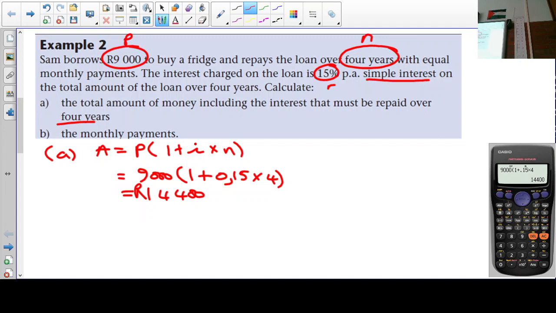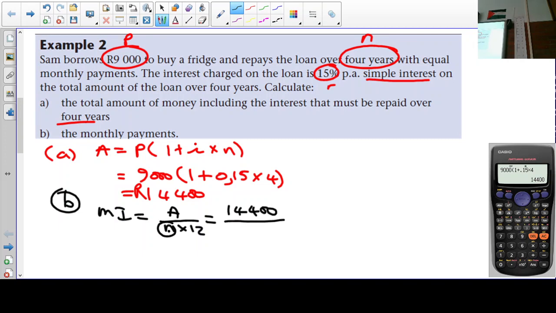In the B part of the question, they ask you to work out the monthly installment. How do you work out the monthly installment? It will be A over N times 12, not so? What's your A value? 14,400 over N. How many years is this? 4 years.